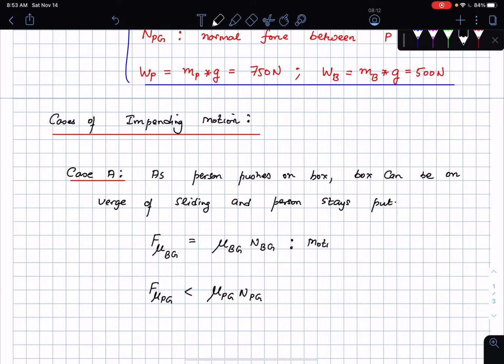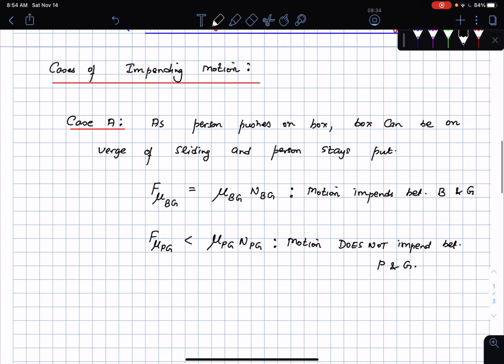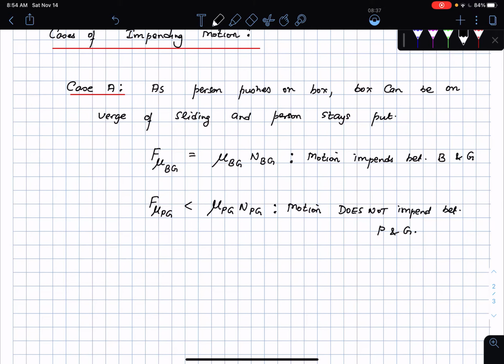Okay, so motion impends between B and G. Here, motion does not impend between the person and the ground, and the important thing is there is no tipping taking place. Okay, so I'm just going to call it 1, 2, and then 3. In this case, no tipping. Okay, this is case A.